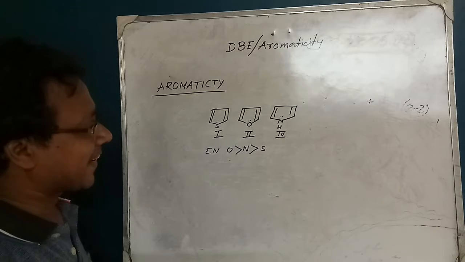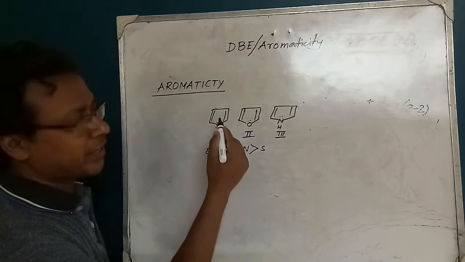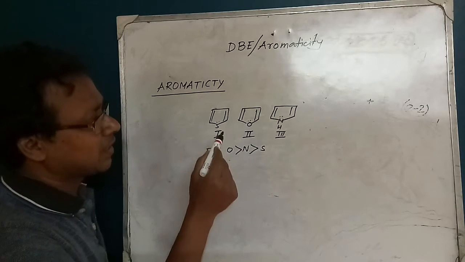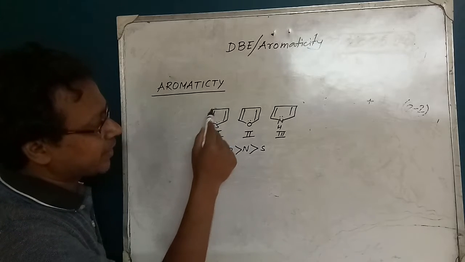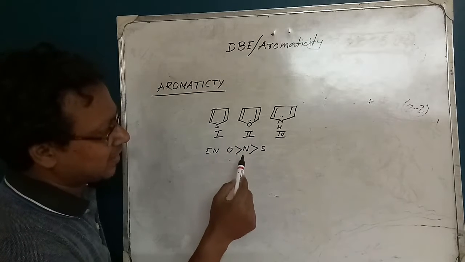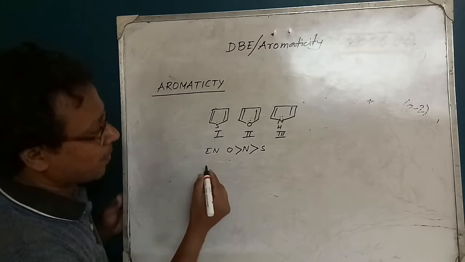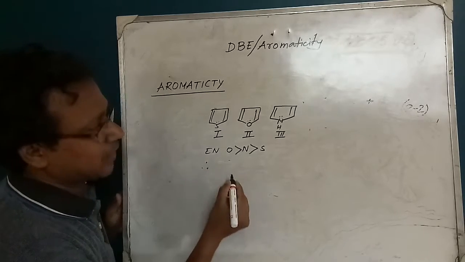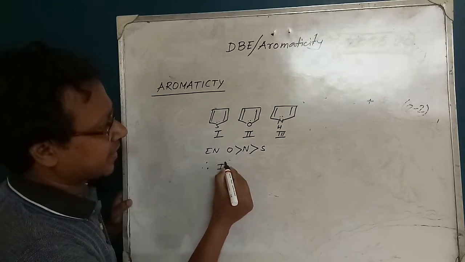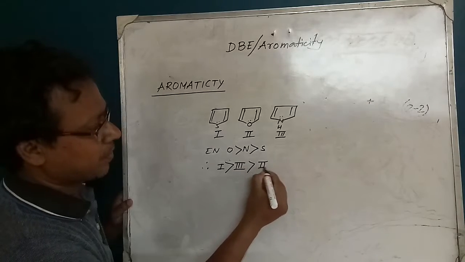So sulfur can easily donate electrons to the pi electron cloud orbital. So aromaticity will be highest in thiophene, then pyrrole, then furan. So the order of aromaticity will be 1 greater than 3 greater than 2. Okay.